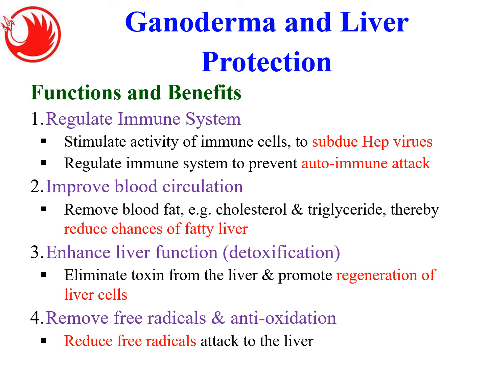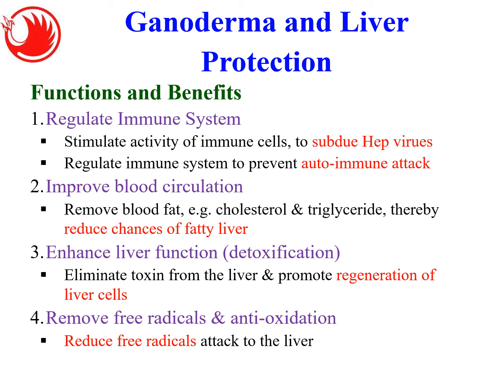This function eliminates toxins from the liver and promotes regeneration of liver cells. Based on evidence-based research, our 灵芝 is able to do that very effectively. Later, we'll show you some of the research papers as well as testimonials.